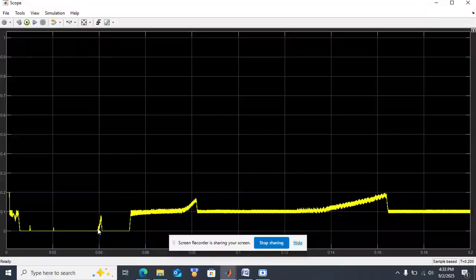Initially, the duty ratio is very low when the PV is available, and when the battery is discharging, the duty ratio increases to 0.1 to 0.2.